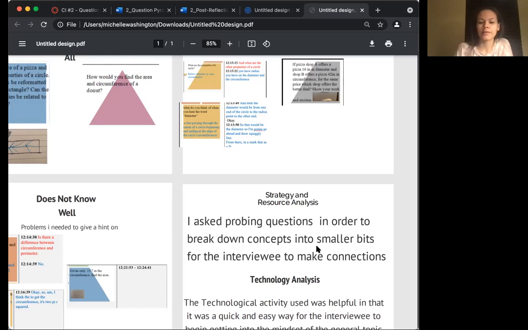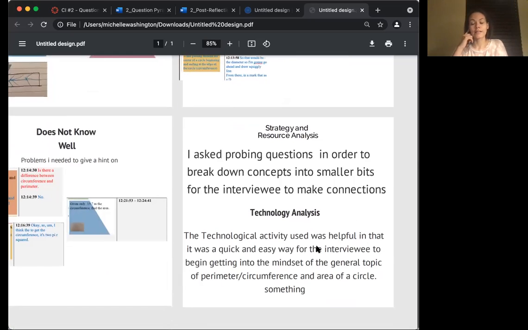My technology analysis: the activity we did, what would that be? The engage. I felt like it was very helpful, at least to get the interviewee into the mindset or give them an idea of what the interview or the concept was, being perimeter, circumference, and area of a circle.